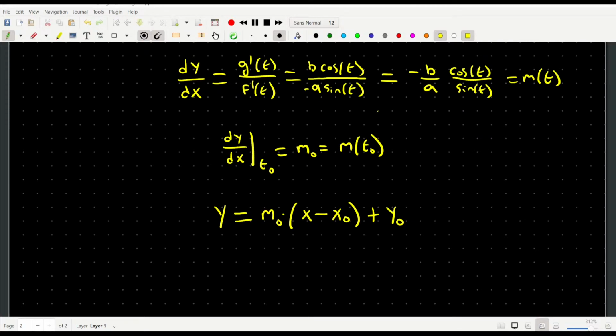For a different parametric curve, you're going to have a different formula, but for this parametric curve, we're going to have negative b over a cosine of t over sine of t, and x naught and y naught here are just the points on the ellipse. So x naught is f of t naught, and y naught is g of t naught.